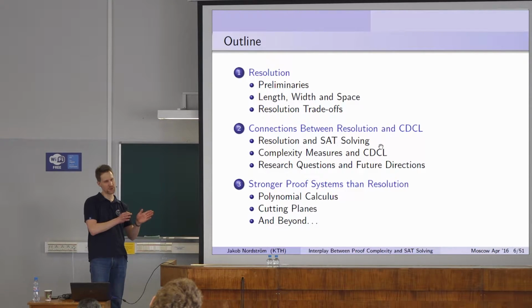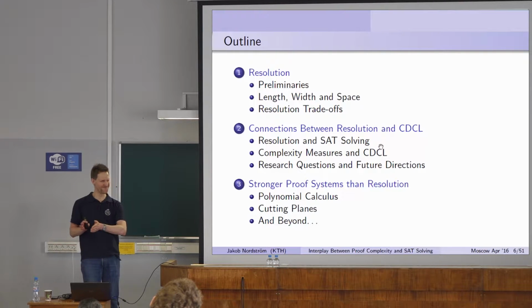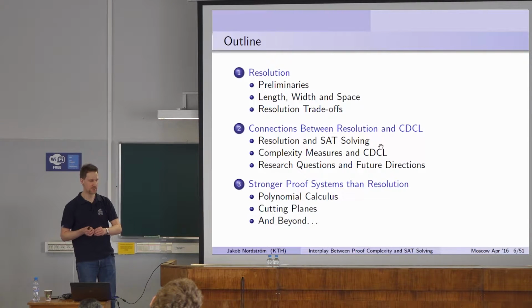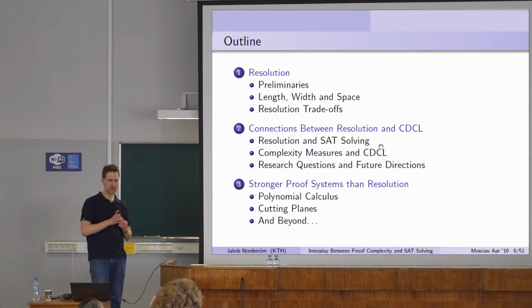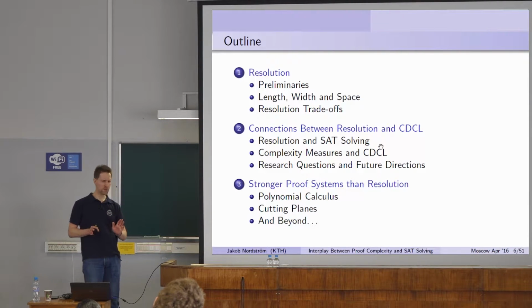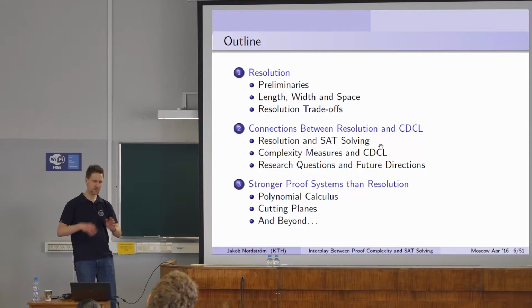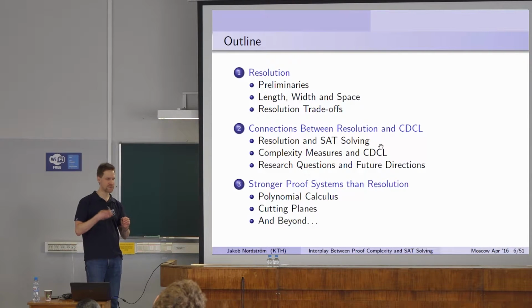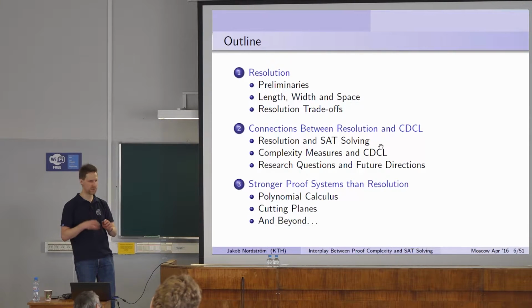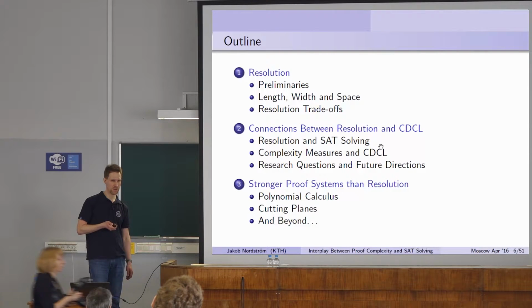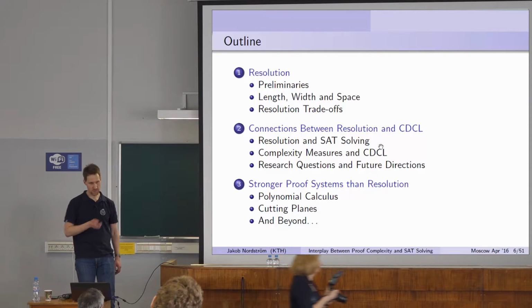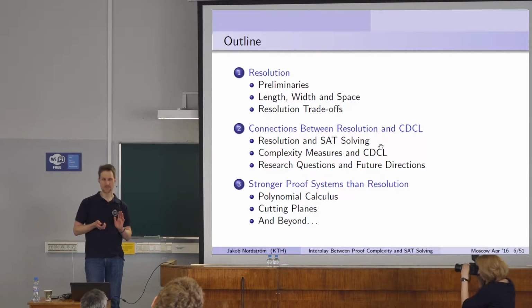That's a theoretical result, and it somehow doesn't quite match what we see in practice. So this will mostly be a proof complexity talk, but it's going to be informed by SAT solving considerations, and I'm trying to make some connections and hand wave a little bit about how the algorithms work. But it's mostly proof complexity. Anything else?